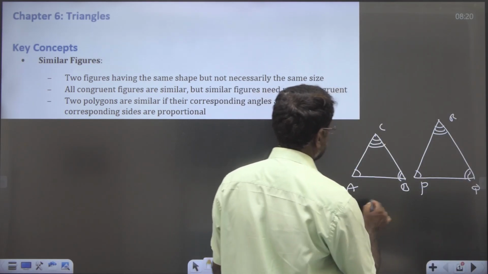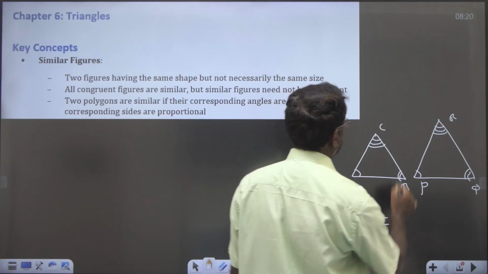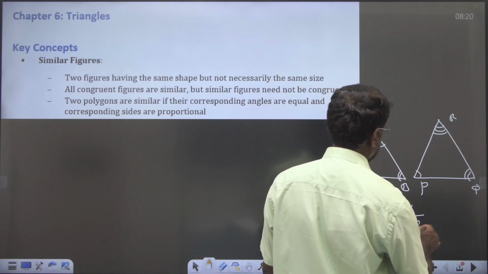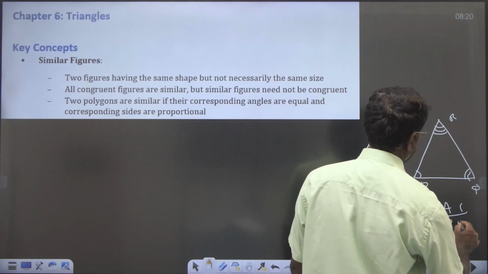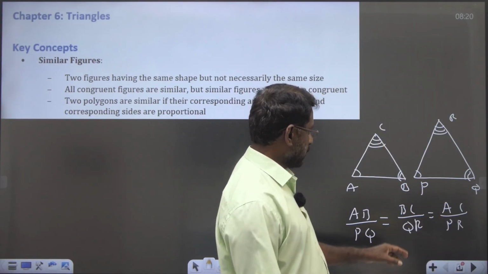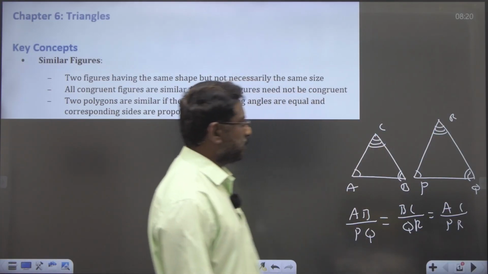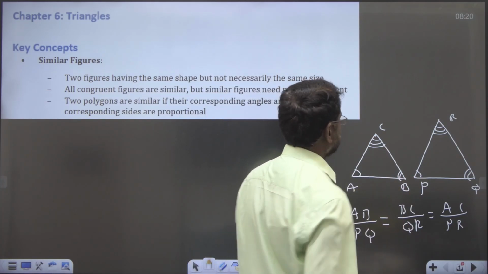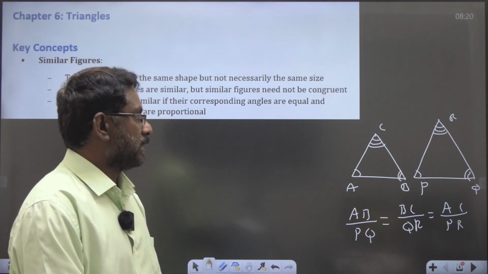Proportionate means AB by PQ equals BC by QR equals AC by PR. The ratio between AB and PQ is the same as BC and QR, the same as AC and PR. And the angles are equal. Then only we can say that they are similar triangles.